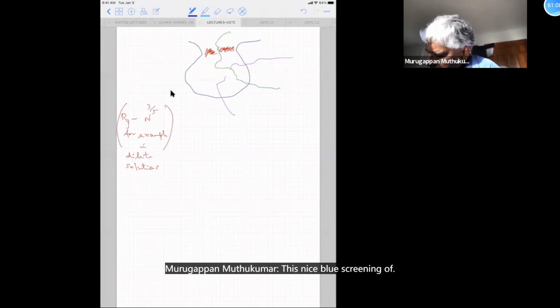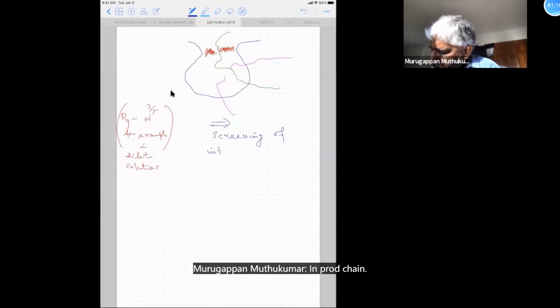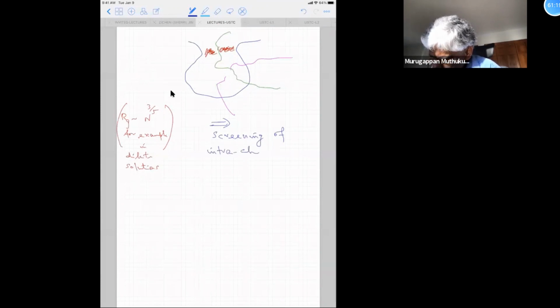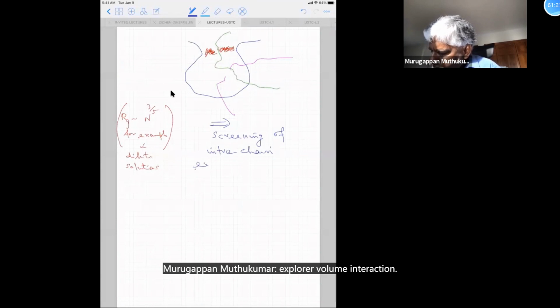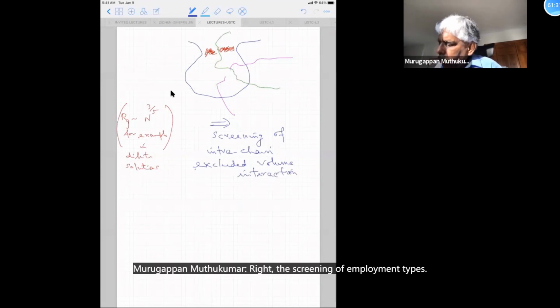This leads to screening of intra-chain excluded volume interaction.